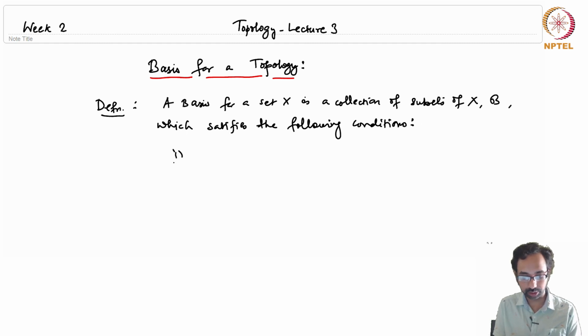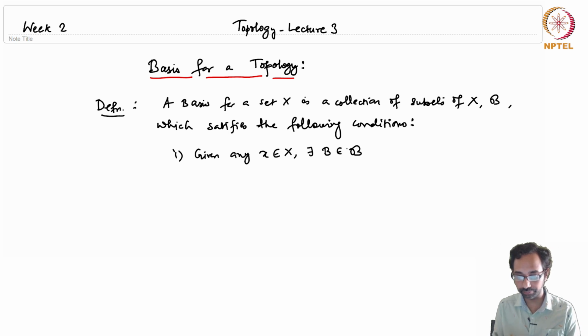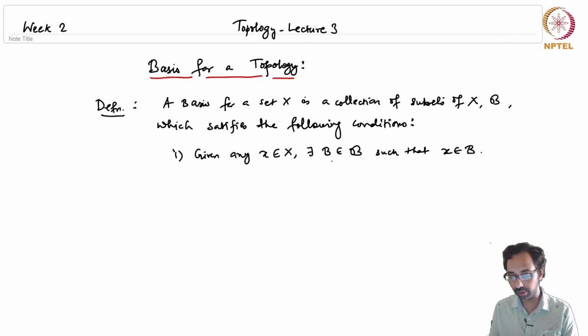So the first condition is that given any point in this set X, there exists an element or a member of this collection B such that X belongs to this member B. So any point in X is a member of at least one of the elements of this collection B.